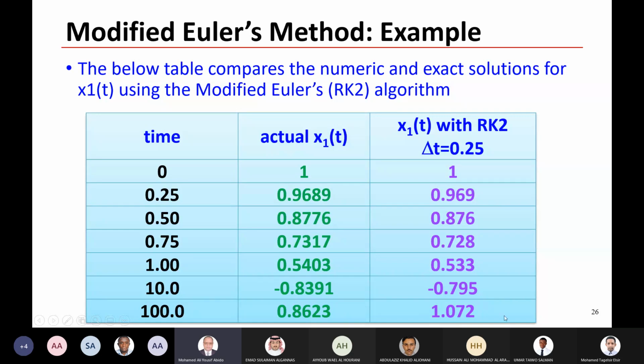You can see here, the results are much better than Euler method. In Euler method, we have this equal to minus 151 or something like this. So it is okay, reasonable. And of course, as the time increases, definitely you have the accumulation of error.